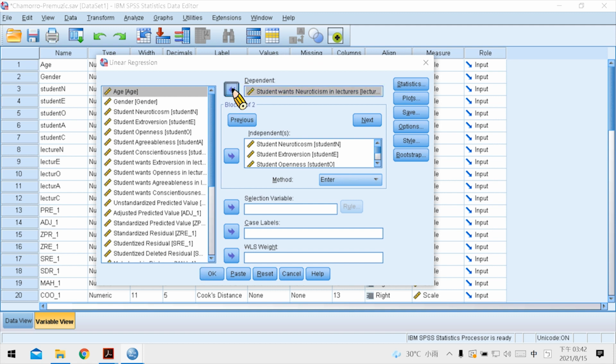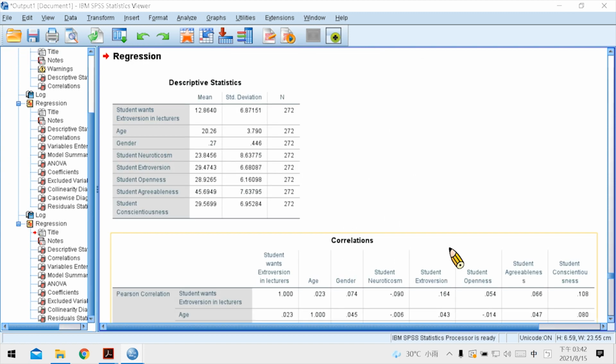So this is student 1 introversion in lecture. Okay. It's the same as previous, the age, gender. Okay.